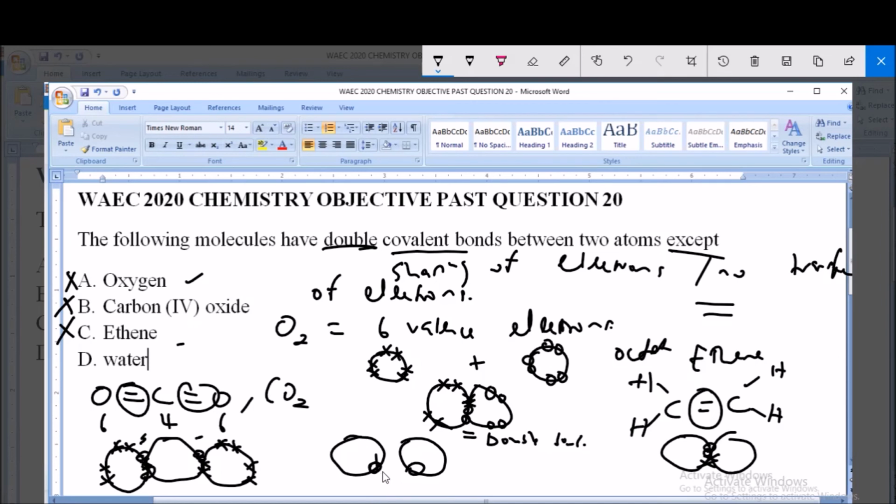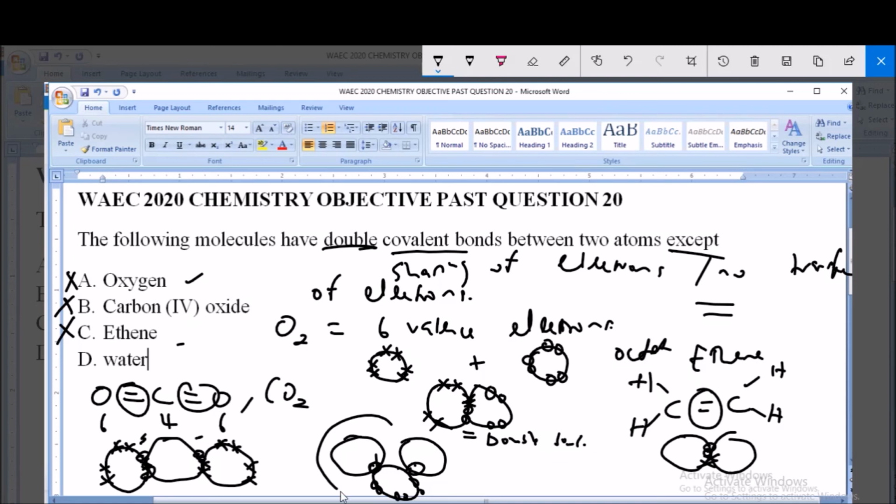With that, the oxygen molecule of course contains 6 valence electrons and requires 2 to complete it. So each of the electrons required is gotten from the 2 hydrogen atoms. So you have 2 added to the 6, 1, 2, 3, 4, 5, 6 to form a covalent bond.